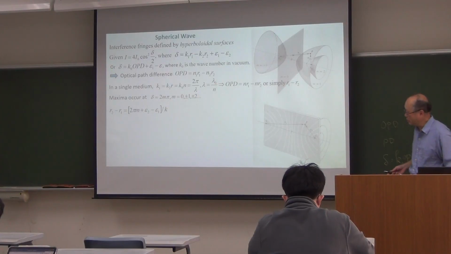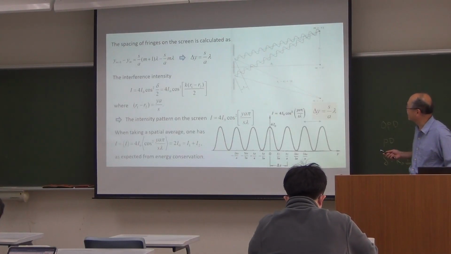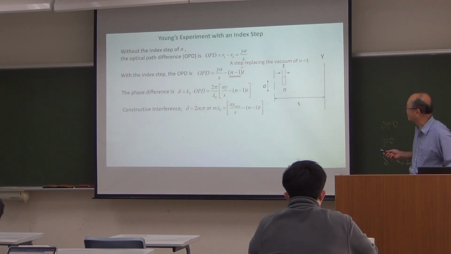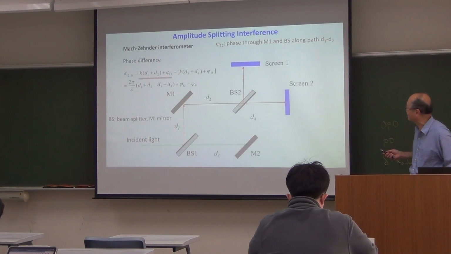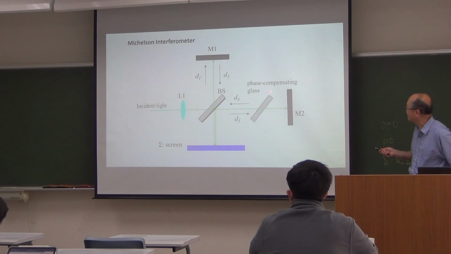All right, so for this reason, we put this glass slab into the Michelson interferometer right here to make the physical path difference the same, and also the optical path difference the same.